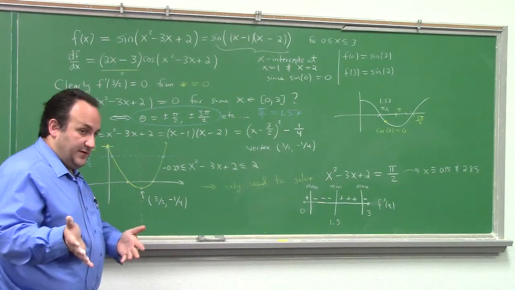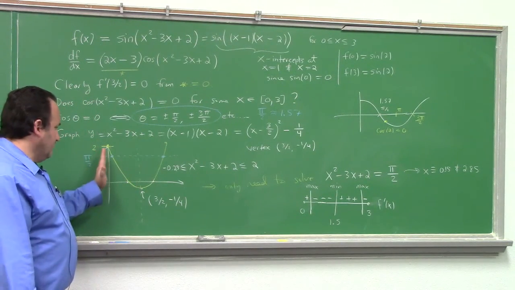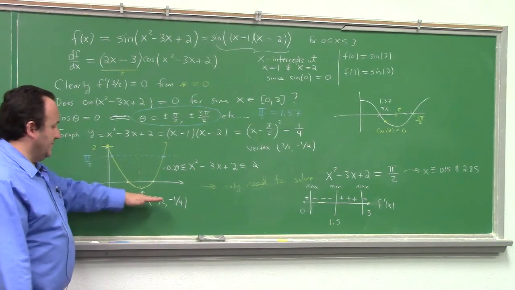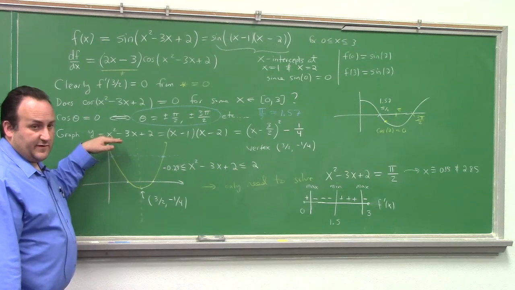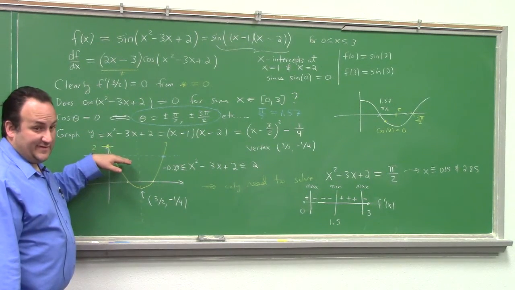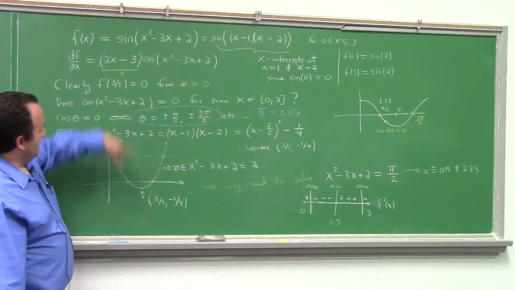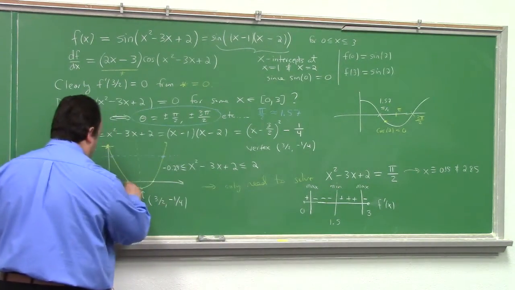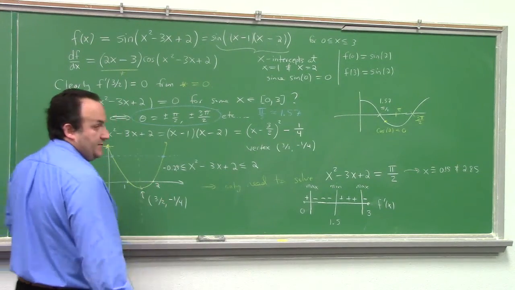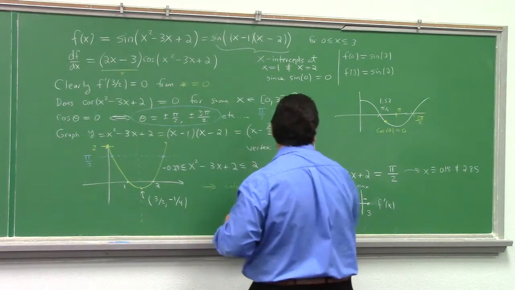But that's not a concern for the interval of consideration because we're only ranging from minus 0.25 to 2. So the only zeros of the function are the places where the sine takes a 0 in. And so that ends up being 1 and 2, right? So that's pretty much all you need to graph this thing.